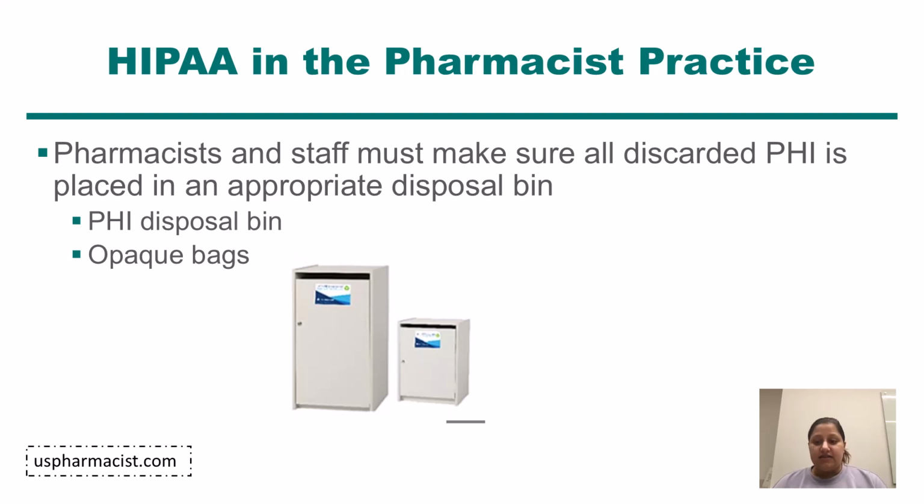If your pharmacy has these bins in a different area, like most community pharmacies may, you can use normal bins with an opaque bag to help transport the disposal of this information from those bins in the pharmacy out to these disposal bins.